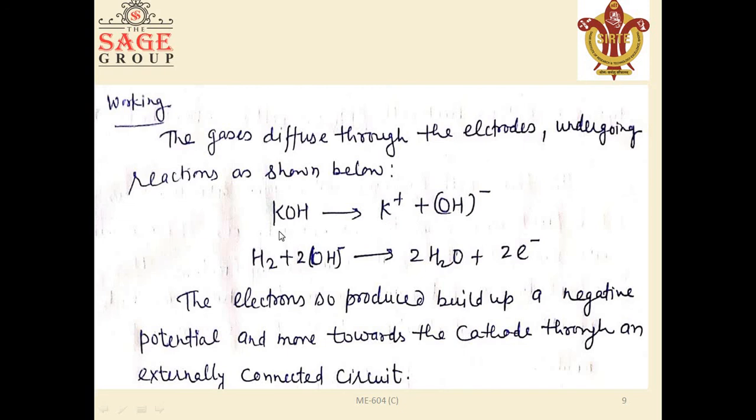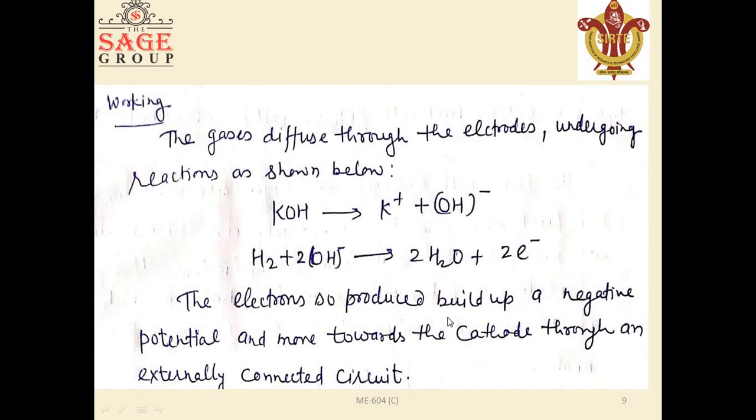Here we can see the KOH, that is K+ and OH-. Then H2 plus 2OH- produces 2H2O, and overall 2H2 plus 4OH- gives 4H2O plus 4 electrons.